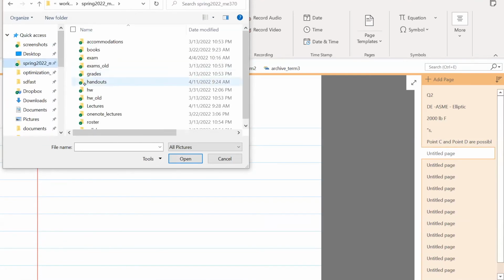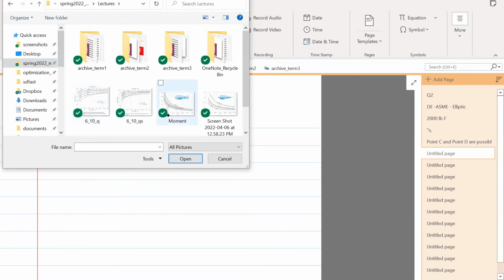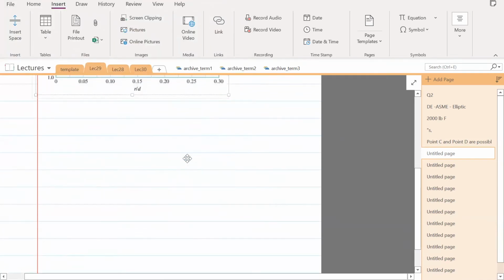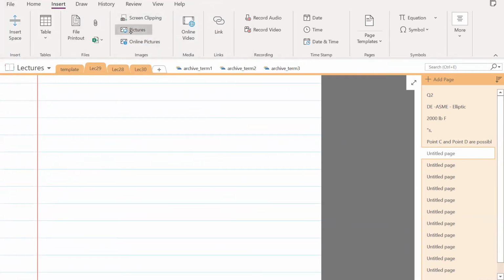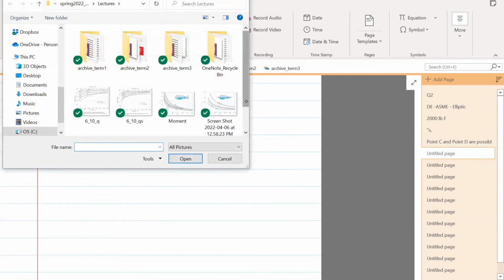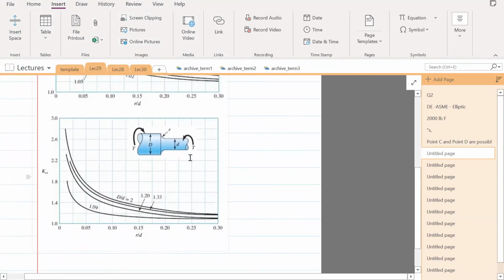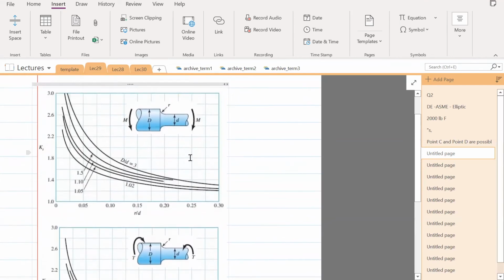This is for the torque. Okay, so what do we need? We need small r divided by small d, and capital D divided by d. Let's just identify those things.